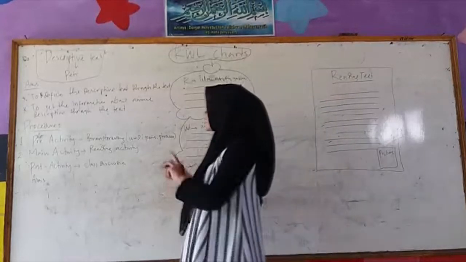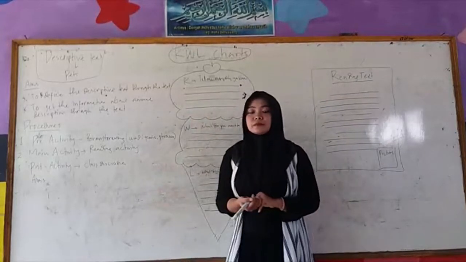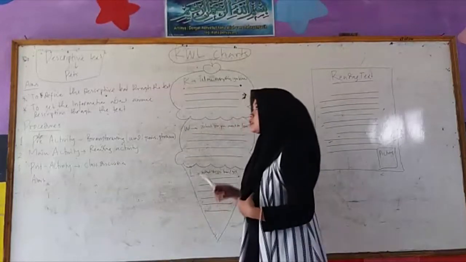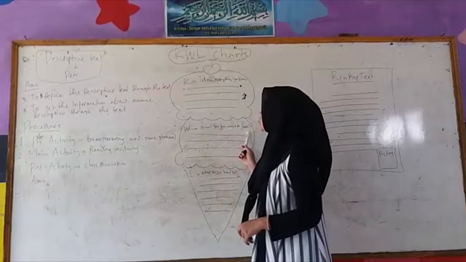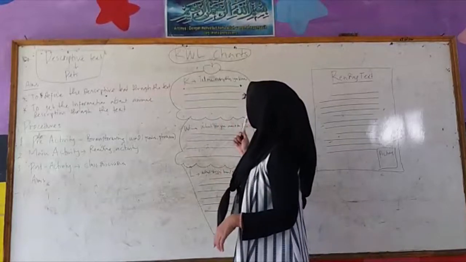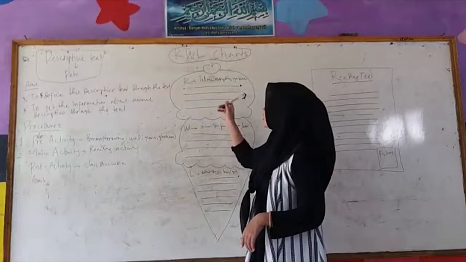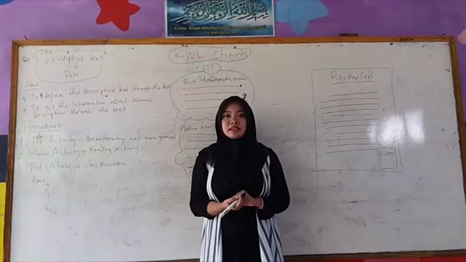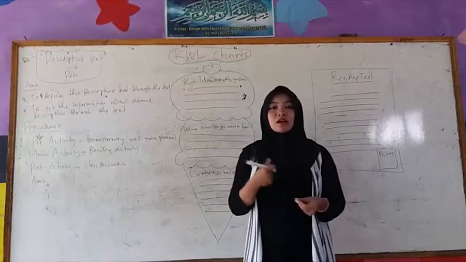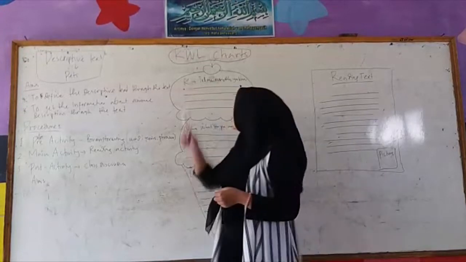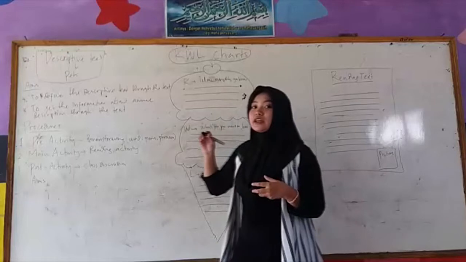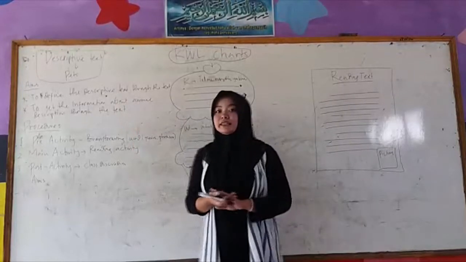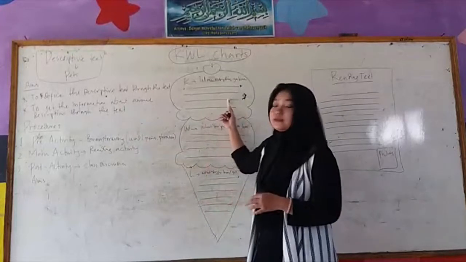And the third step is the teachers ask the students about the topic, about tell me everything you know. So the students must write everything that they know about pets in the K column.